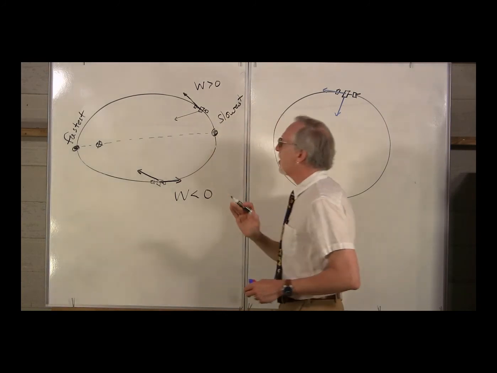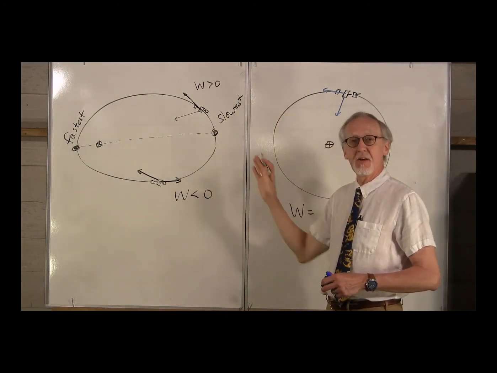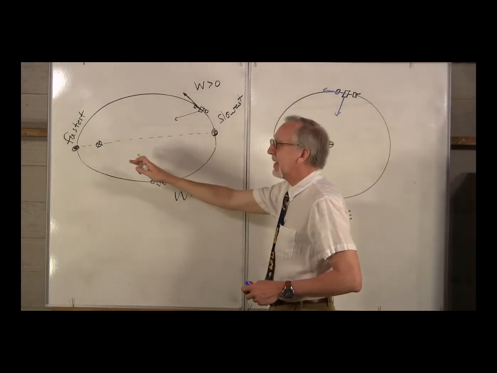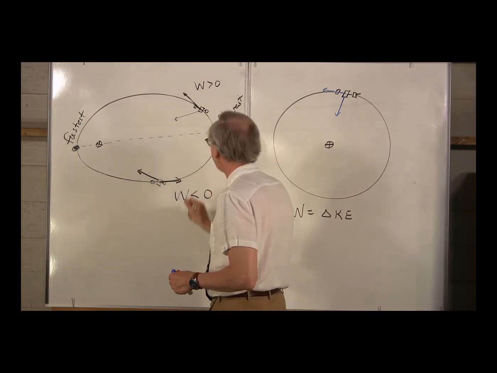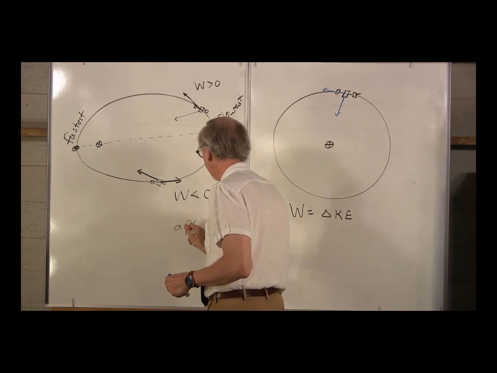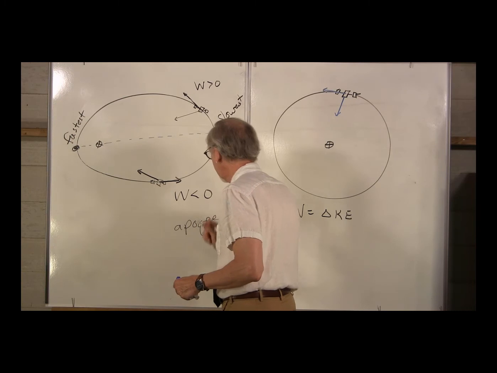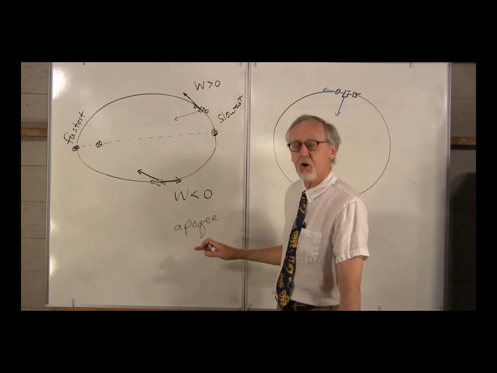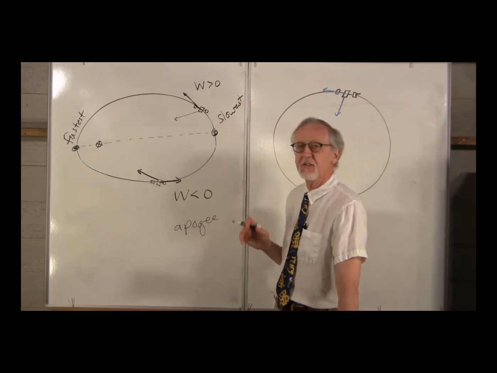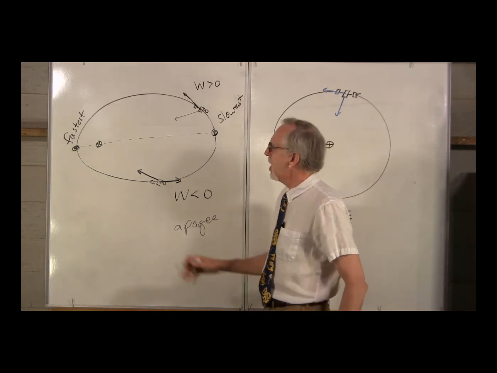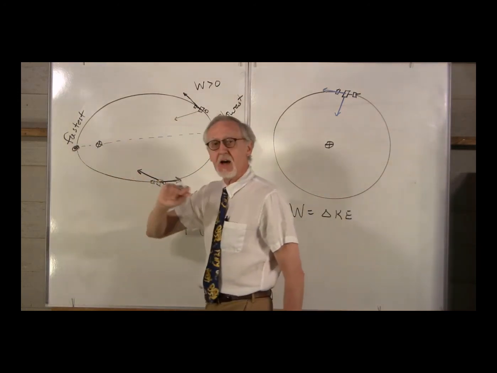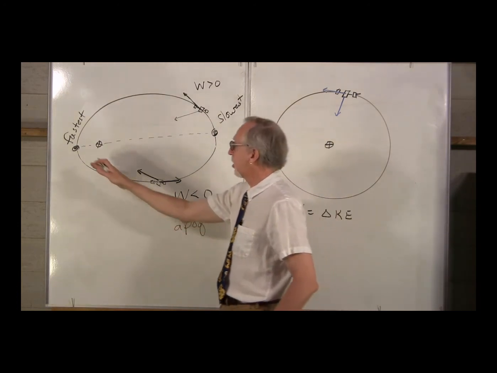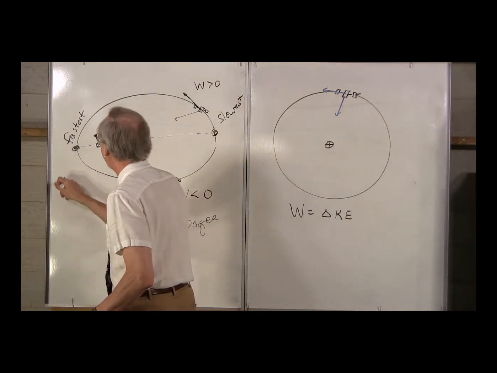This point is where the satellite is farthest from the Earth. This point in an orbit around the Earth is called the apogee. G, like geo, meaning Earth, apogee means farthest from the Earth. This point over here is where the object is closest to the Earth, and this is what we call perigee.